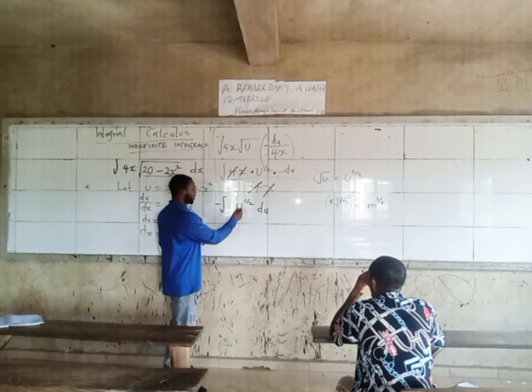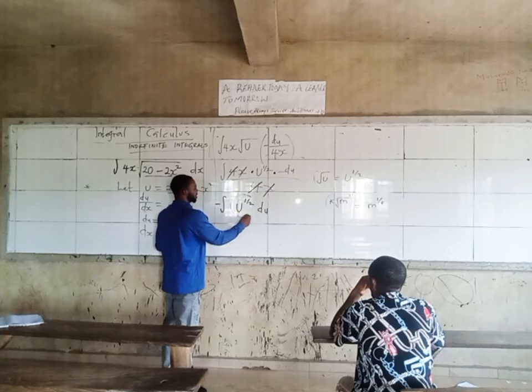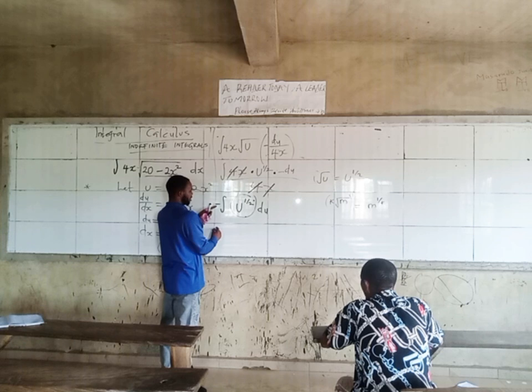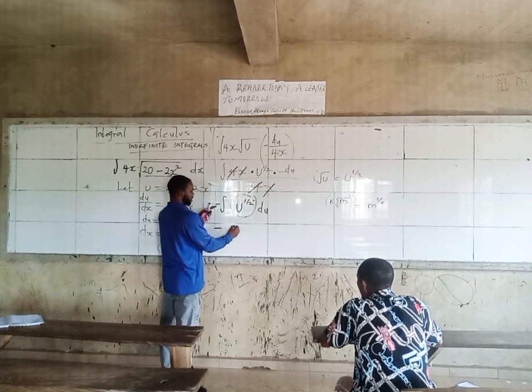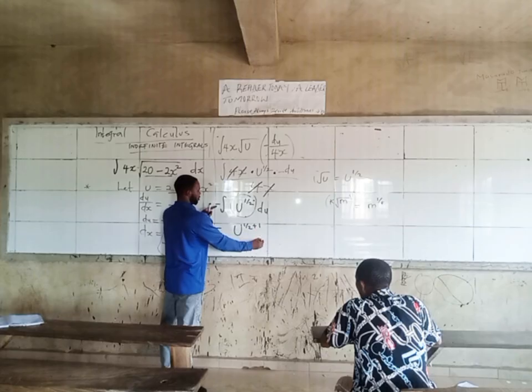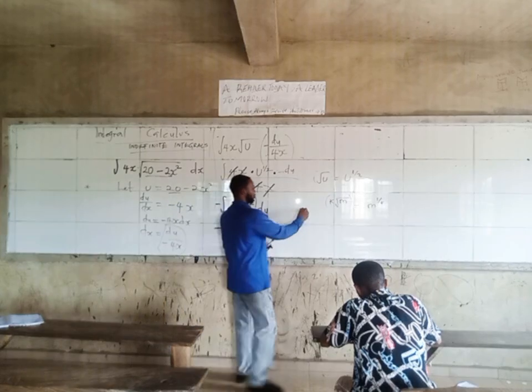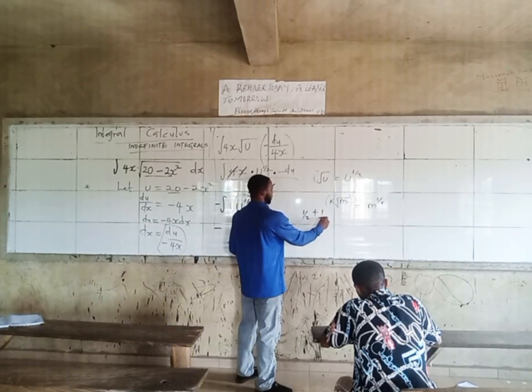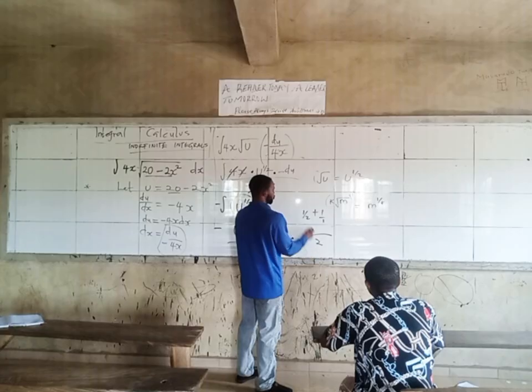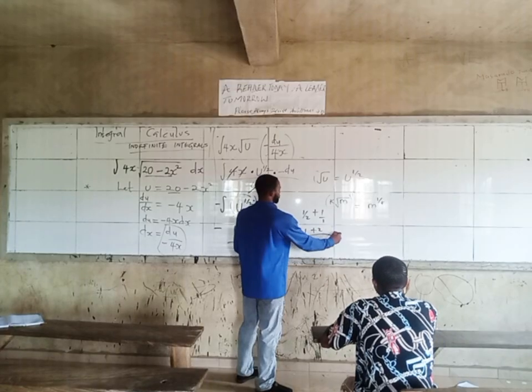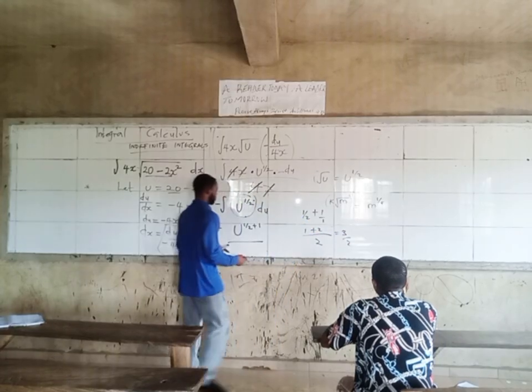So if I integrate this, integrating something means add 1 to the power, divide by the new power. So I'll bring the minus down. Then I say u raised to the power half plus 1, all over the new power. Now 1/2 plus 1 is the same as 1 plus 2 over 2, which is 3/2.